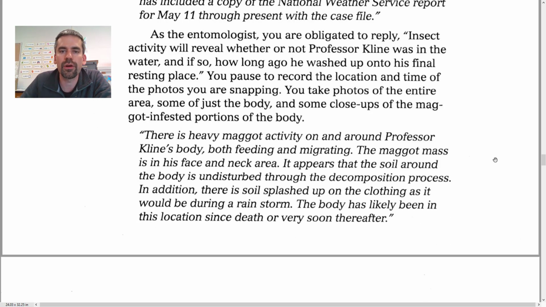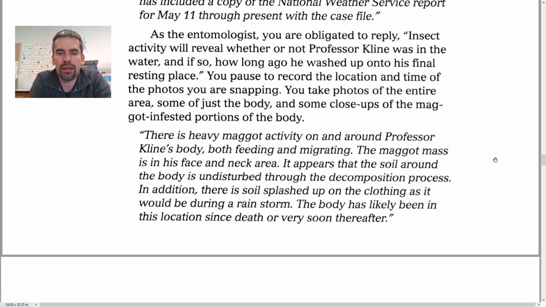As the entomologist, you are obliged to reply. Insect activity will reveal whether or not Professor Klein was in the water, and if so, how long ago he washed up into his final resting place. You pause to record the location and time of the photos you are snapping. You take photos of the entire area, some of just the body, and some close-ups of the maggot-infested portions of the body.